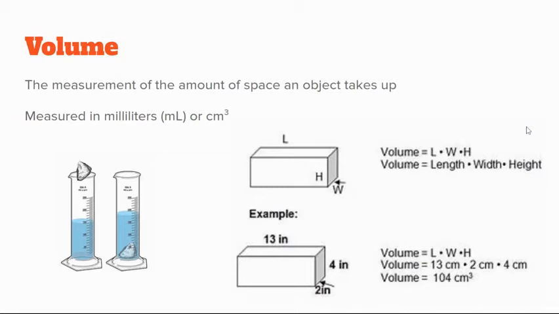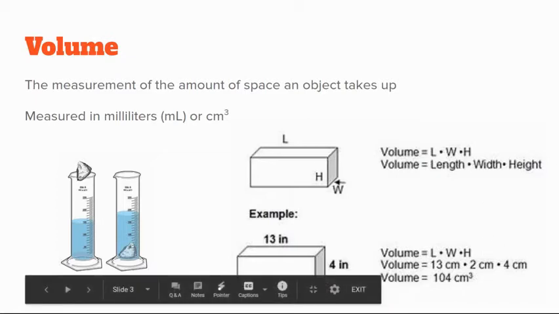If it's an object with an easy to measure shape, like a cylinder or a rectangle, then we use the actual volume formula from geometry class. For a rectangular object, it's length times width times height. Here's an example of how to calculate it.